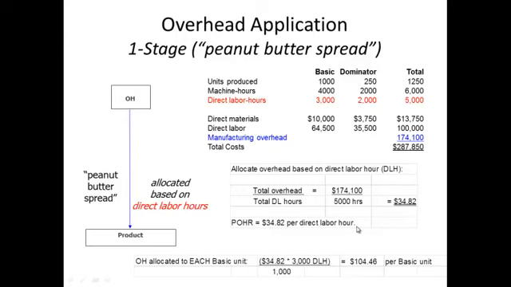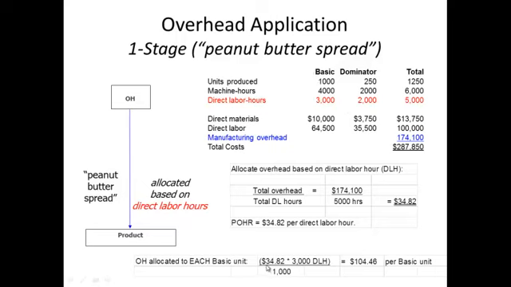So for every product that we make, we will allocate to that product $34.82 for each labor hour that product consumes. If one product consumes 1 labor hour, it will get allocated $34.82 of overhead. If another product consumes 2 direct labor hours, it will get allocated $34.82 times 2 in overhead. So for example, how much overhead would be allocated to an individual unit of our basic product line?